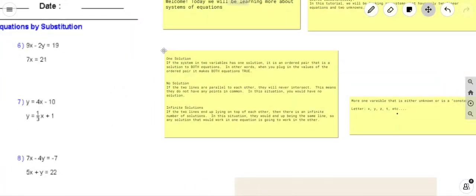Okay, so a couple different things that you'll see in systems of equations.